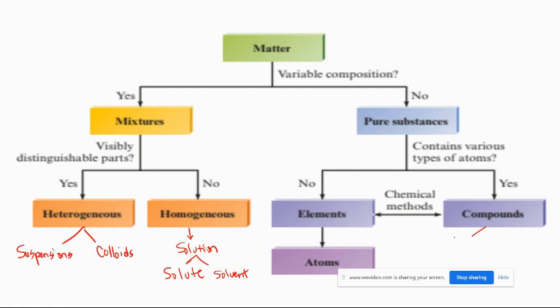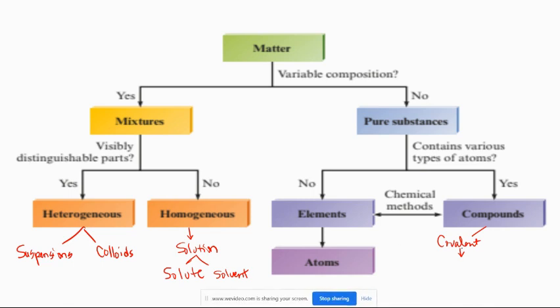Compounds can either be covalent, in which the smallest part is a molecule, or ionic, and they usually call the smallest part of that a formula unit.